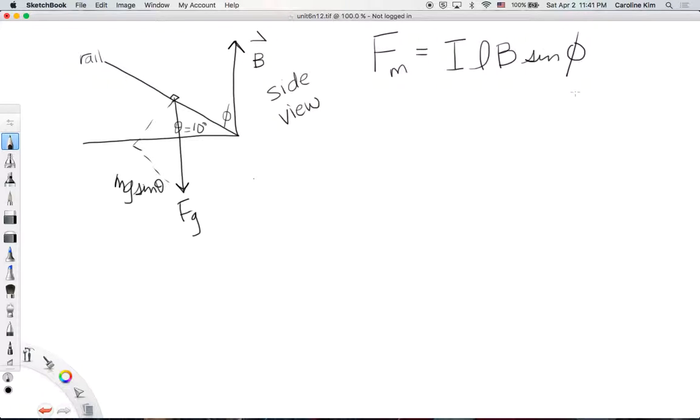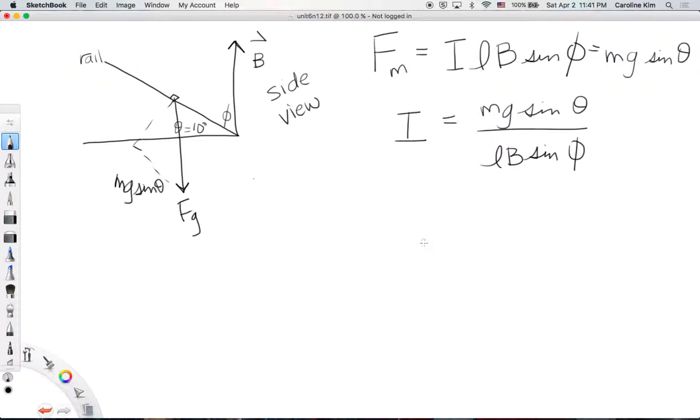So we know that this force equals mg sine theta. So if we solve for I, then we get mg sine theta over L B sine phi.